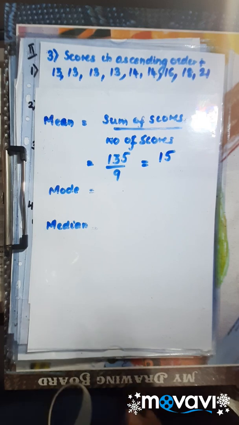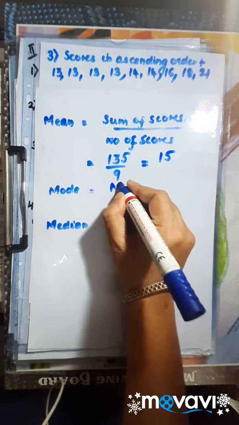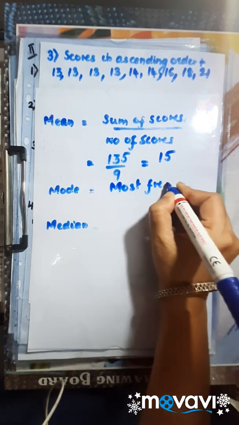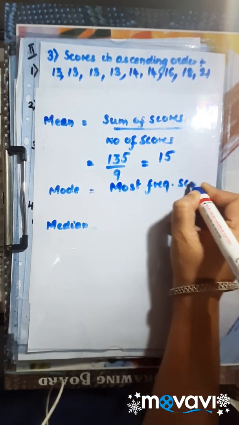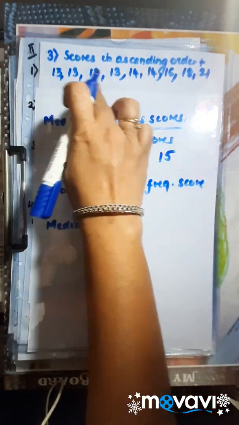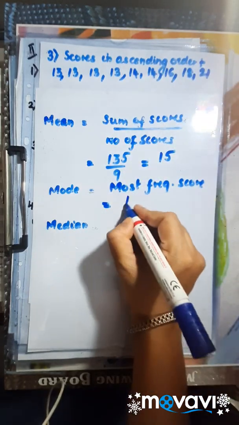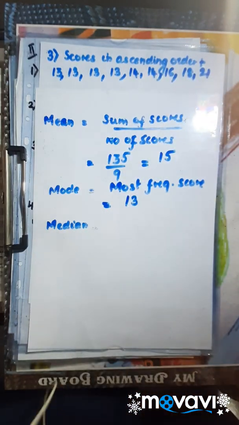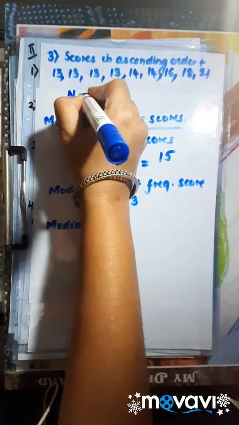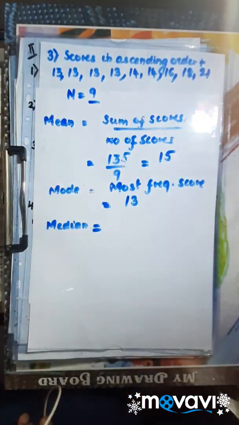9 15s are 135. Now, what is my mode? Most frequent score. Okay, now which is the most frequent score? 13 is there 4 times, so my most frequent score is 13. Now median, n is equal to 9. It's an odd number, correct?